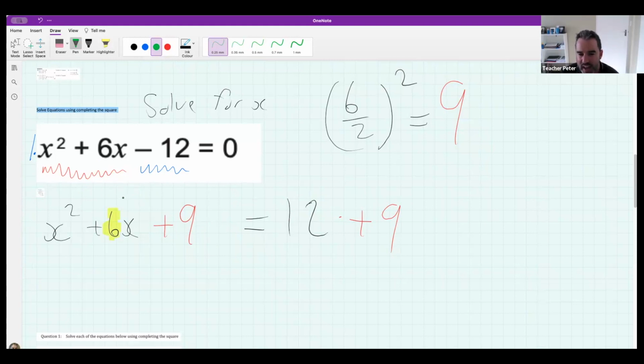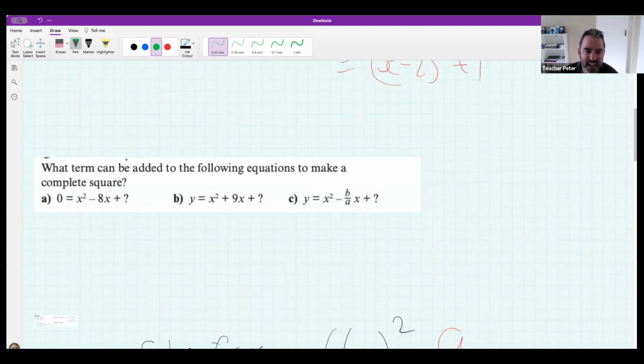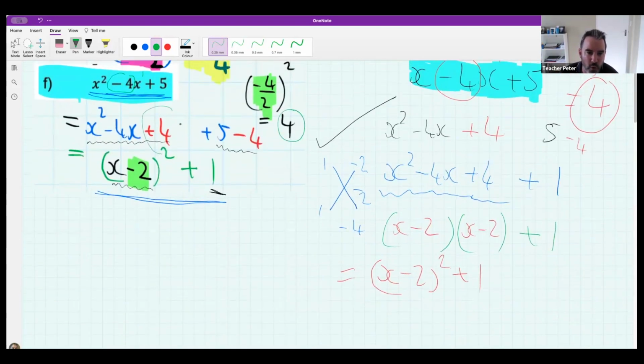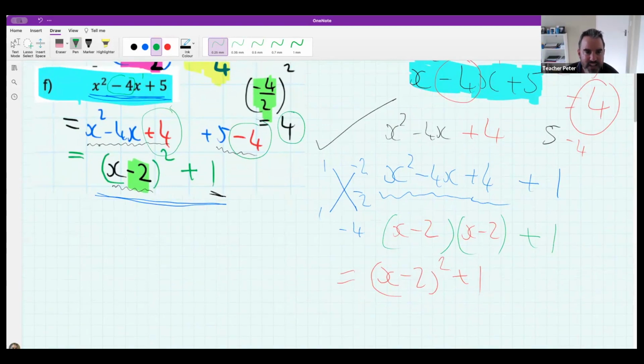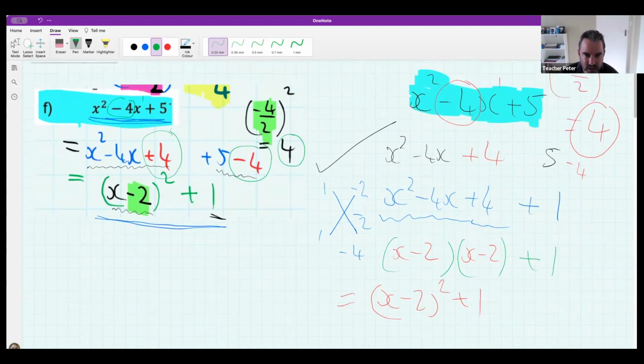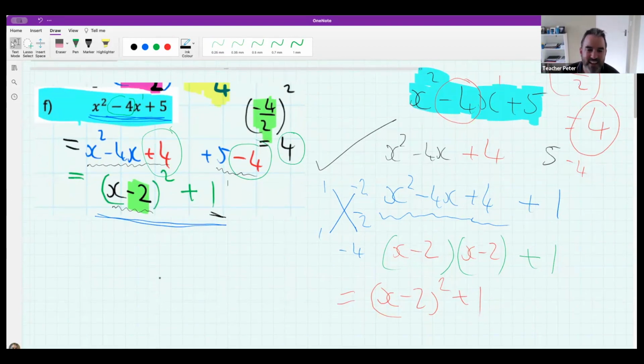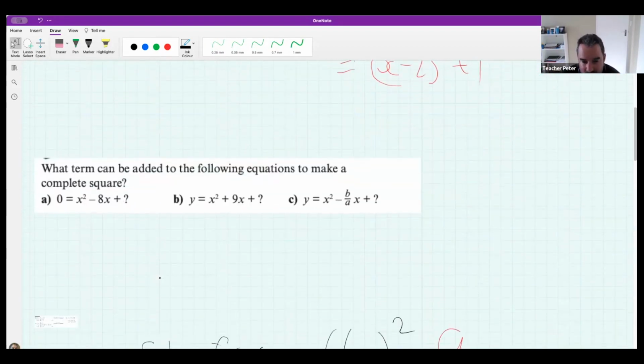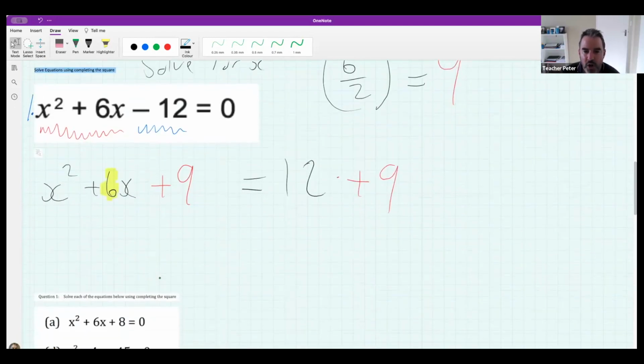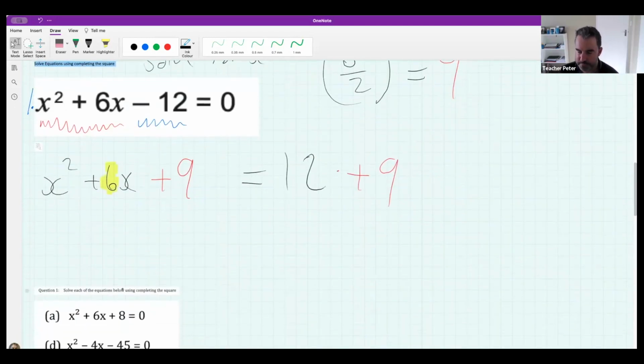In the earlier one, we would add 4 and take it away again, but that was just an expression. It wasn't an equation. So there is a slight difference. What I love about your question is you've helped everyone in the class see clearly the difference. That's why I love questions. So we're going to add 9 to both sides.